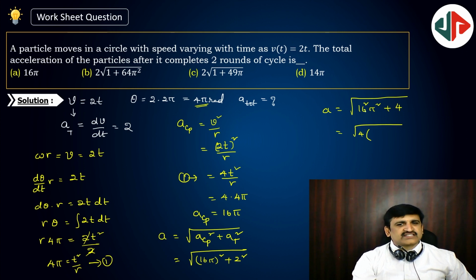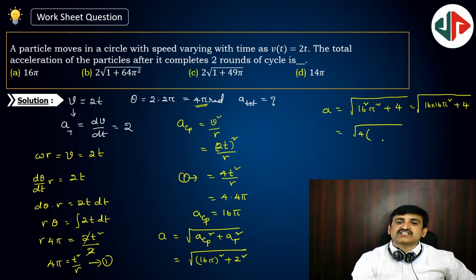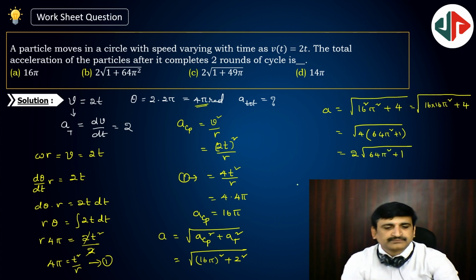Or if you want, you can write it in an elaborated way: square root of 4 into 16 pi square plus 1. On taking 4 out, 4 16s are 64. So 64 pi square plus 1. So this is 2 root 64 pi square plus 1. So which option? Option B.